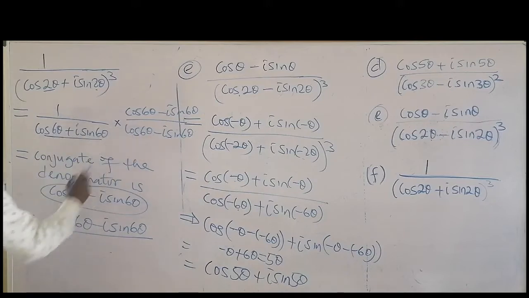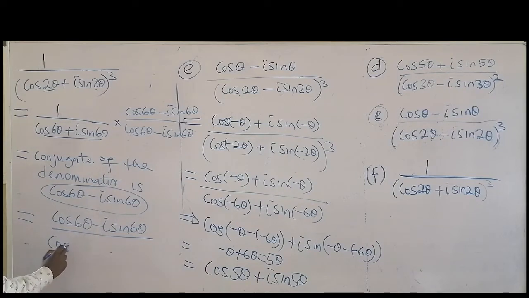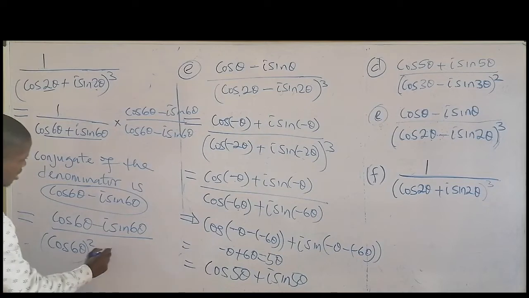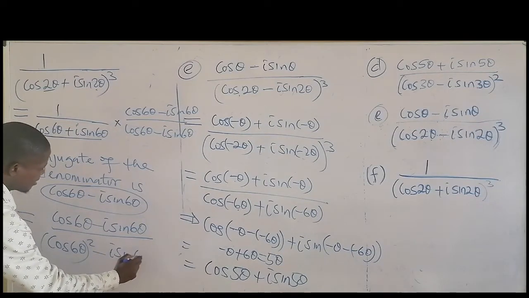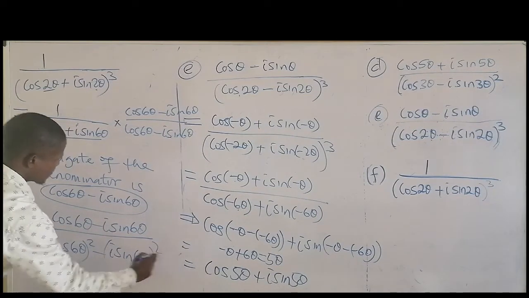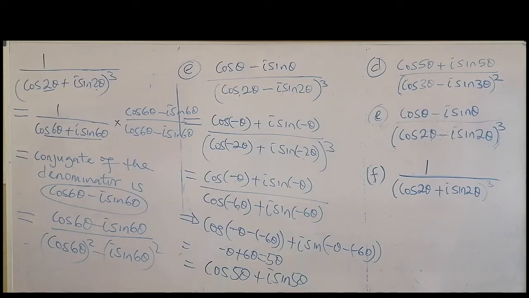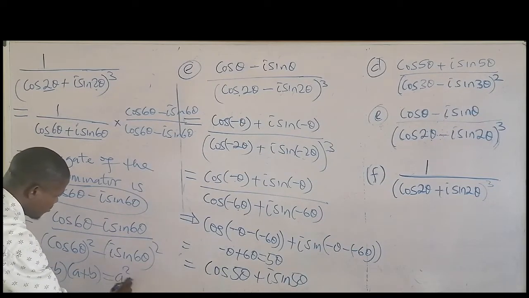For the denominator, they are a difference of two squares, which we can quickly solve this way: cos 6 theta squared minus i sine 6 theta squared. Don't forget a minus b times a plus b gives a squared minus b squared.